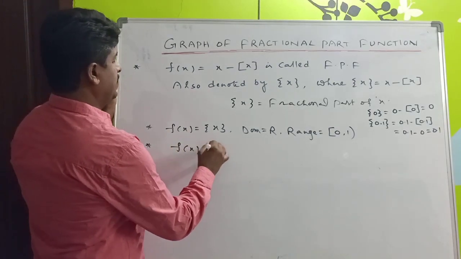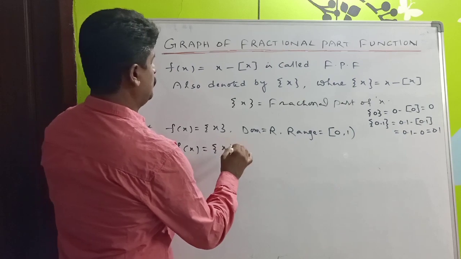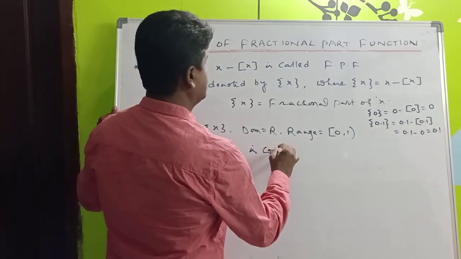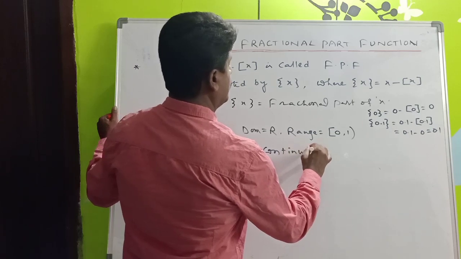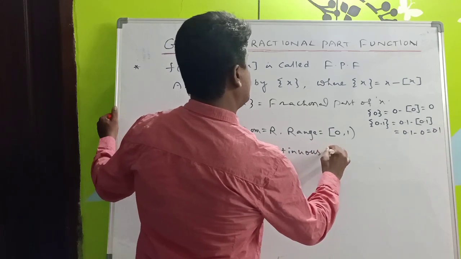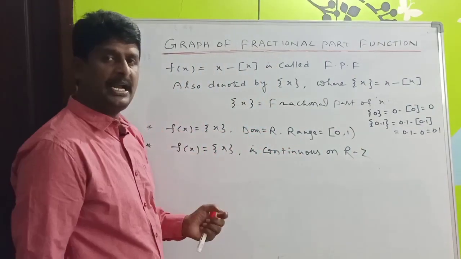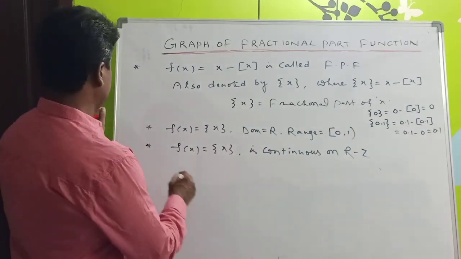And observe that f of x equals the fractional part of x is continuous on R minus Z. It is continuous everywhere except integer points.